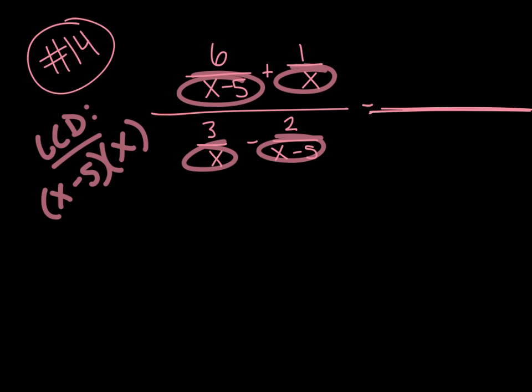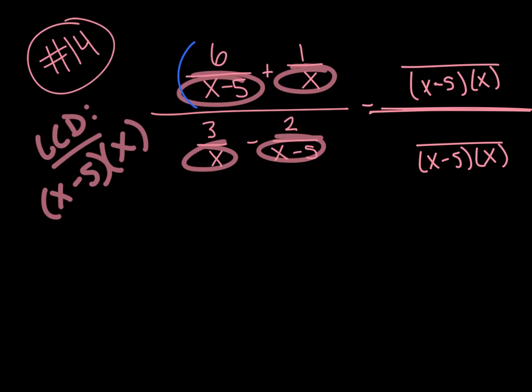So let's write one big fraction with x minus 5 and x minus 5 and x. Okay, now we must see what we need to multiply. So the first one, its denominator has x minus 5, so it's missing the x. And remember, it's x over x.